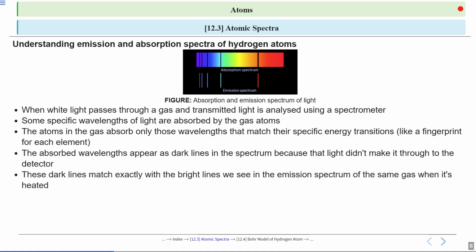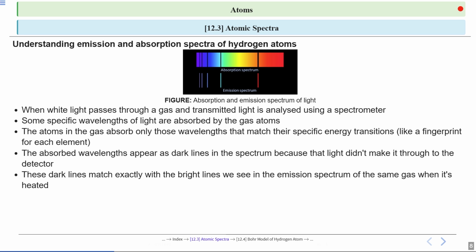Interestingly, the dark lines in the absorption spectrum match exactly with the bright lines in the emission spectrum of the same gas when it's heated. In emission, the atom releases energy as light at those same wavelengths, producing bright lines instead of dark ones. As you can see in the diagram, where there are dark lines in the absorption spectrum, there are bright lines at the same places in the emission spectrum.